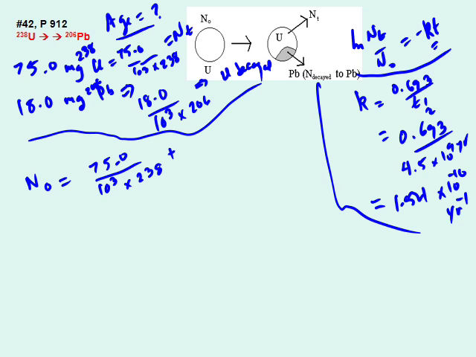That is given by the next value, 18.0 divided by 10 cubed times 206. So this is NT, and this is uranium that decayed. So originally, in order to get the original quantity, you have to add those two numbers.